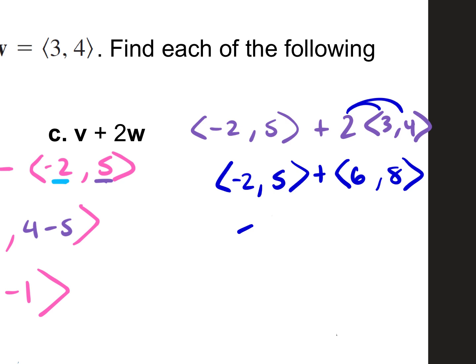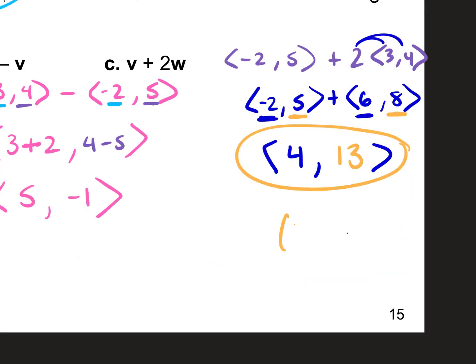Now which two numbers would I add together? -2 and 6, which would be 4. And 5 plus 8? 13.